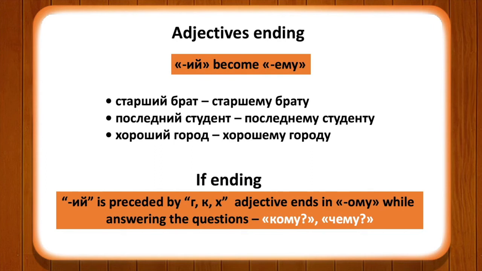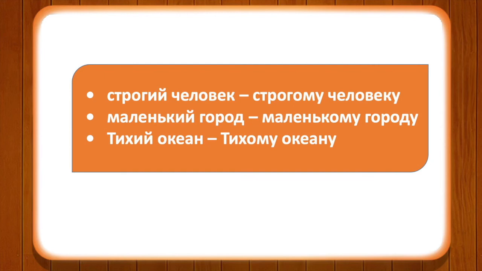But we have to understand that if an adjective ending in ий is preceded by г, к or х, the adjective ends in ому while answering the question кому, чему. Like строгий человек, строгому человеку, маленький город, маленькому городу and тихий океан, тихому океану.